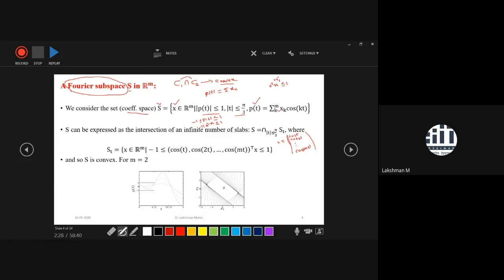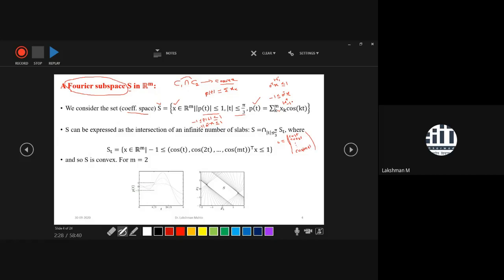Here bias is 1, and -1 is less than or equal to a transpose x. It is talking about the positive half space with respect to bias -1, but both are having the same normal. Remember that both are having the same normal.